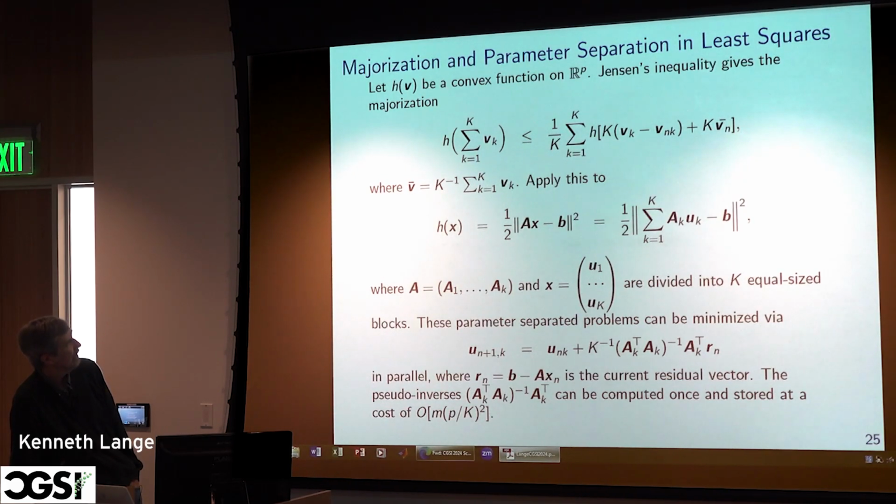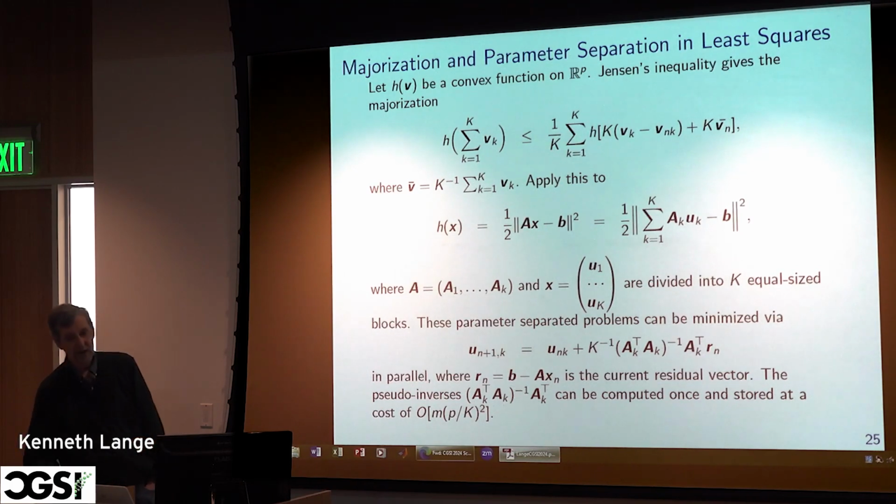And then I've decorated by the iteration number n. And this is Jensen's inequality at the top. This is the chord above the graph property. And that, in fact, is a majorization, because when the v_k equal v_nk, you get the same left and right-hand sides. You get tangency.